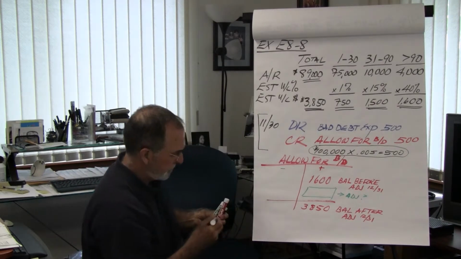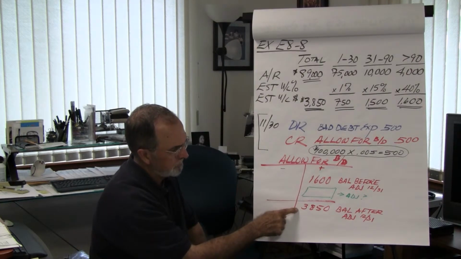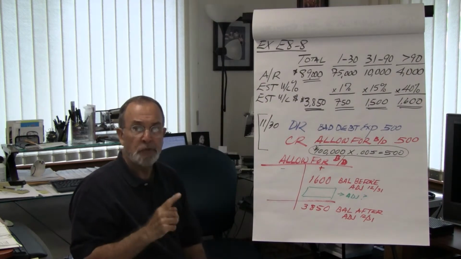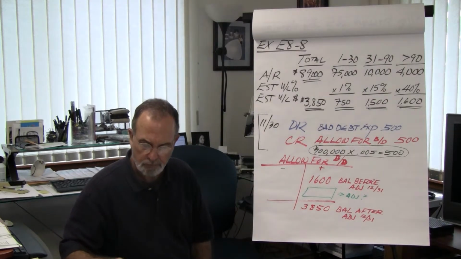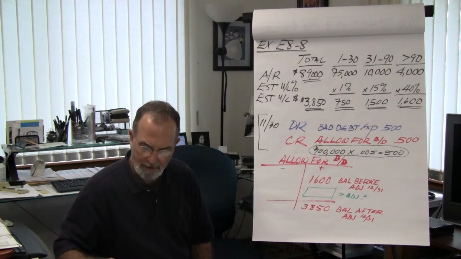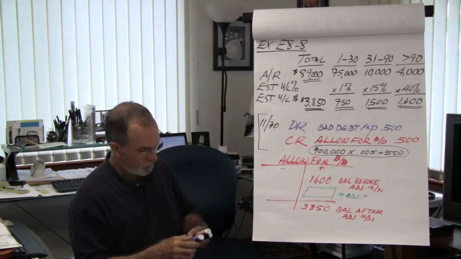And so to go from a balance of $1,600 to a balance of $3,850, we need the difference between those two amounts, or $2,250.